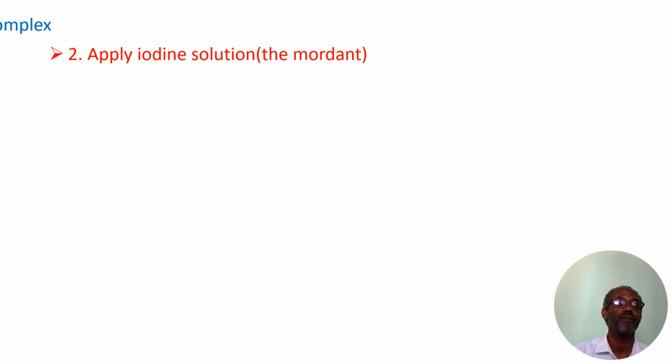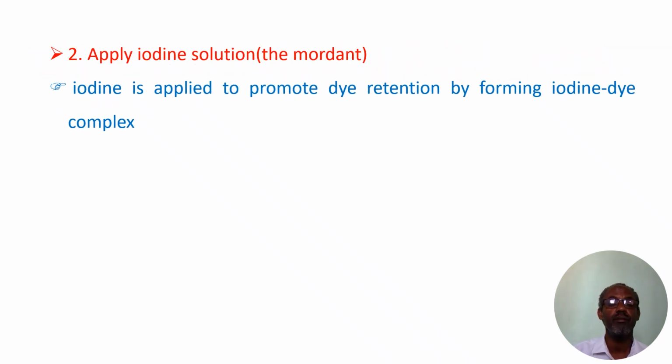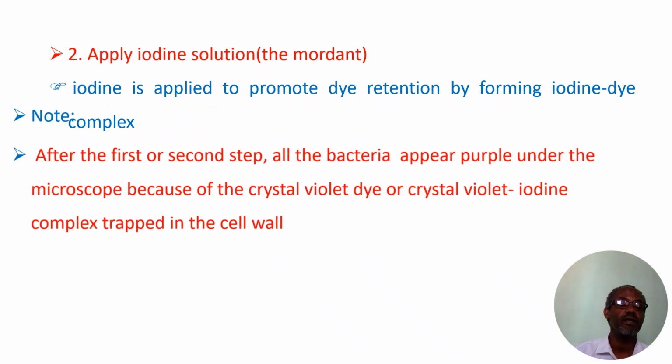It is a mordant, applied to promote dye retention. The dye, the stain, is made to stay in the cell wall. Unless iodine is applied, it may be washed out of the cell wall. This is the mordant, iodine.